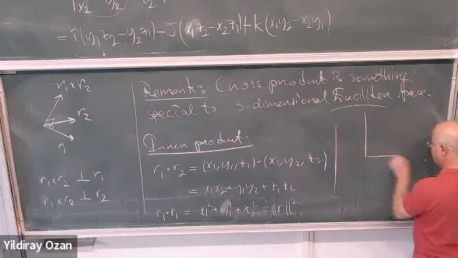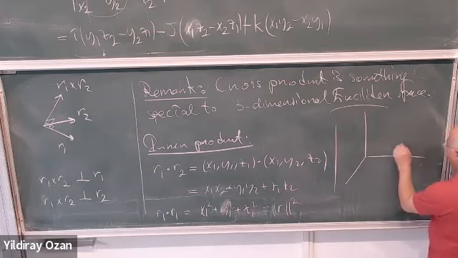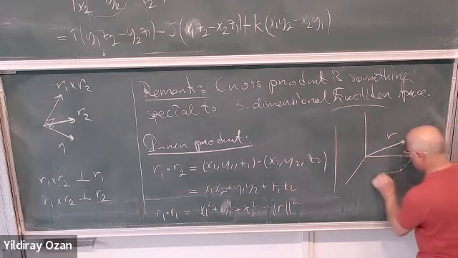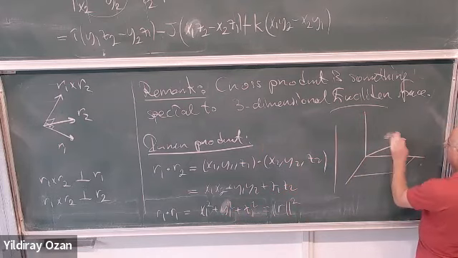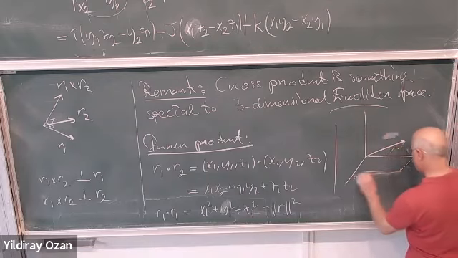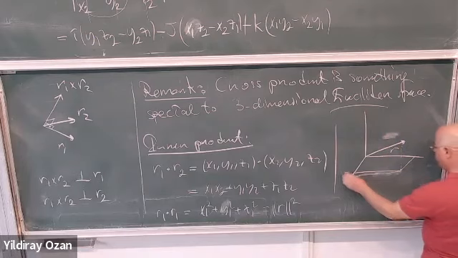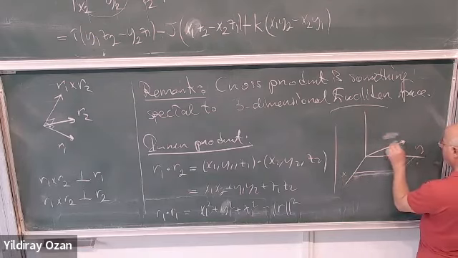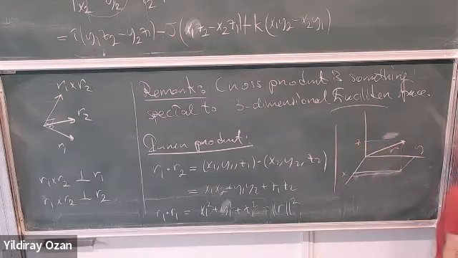And why is that? If you have a vector like this, vector R, with x, y, z coordinates, suppose this is the x, y, and z.